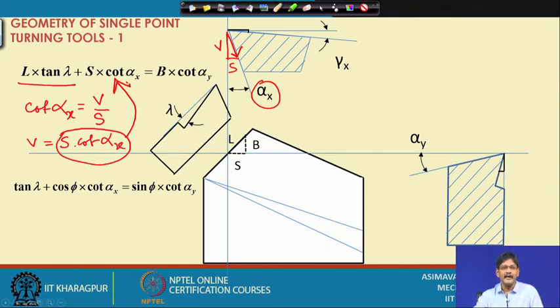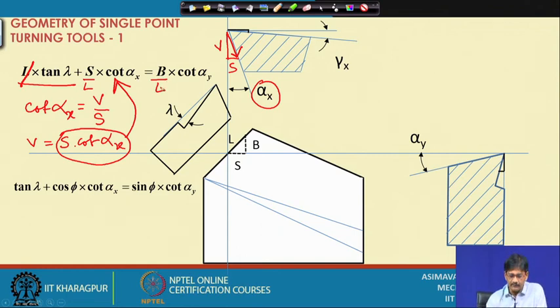And therefore, the vertical distance down the cutting edge plus the vertical distance down the transverse plane must be equal to the vertical distance down in the machine longitudinal plane. After dividing the whole equation by L, L cancels out on each term.